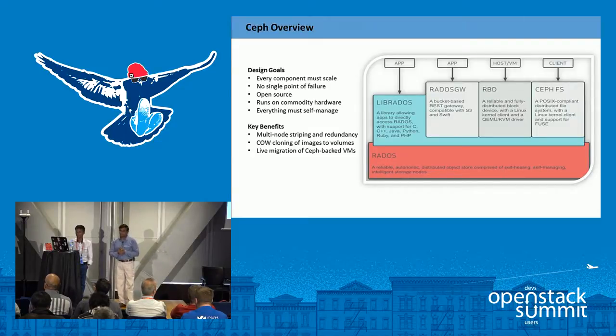Cinder, as block storage with RBD as the backend. Rados Gateway is the object storage, whose client supports REST APIs that are compatible with OpenStack Swift as well as Amazon S3.